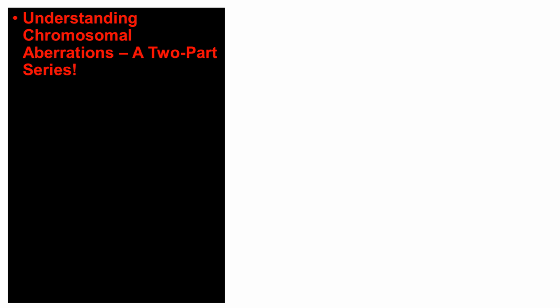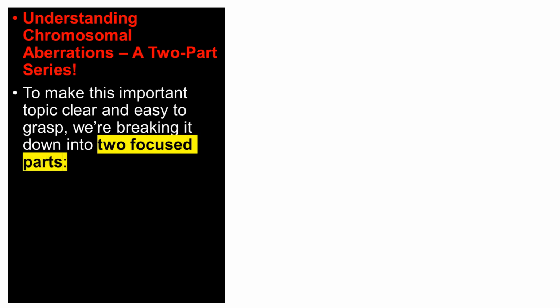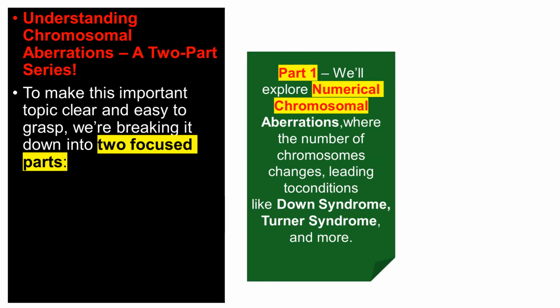Understanding Chromosomal Aberrations, a two-part series. To make this important topic clear and easy to grasp, we're breaking it down into two focused parts. Part 1 will explore numerical chromosomal aberrations, where the number of chromosomes changes, leading to conditions like Down syndrome, Turner syndrome, and more.